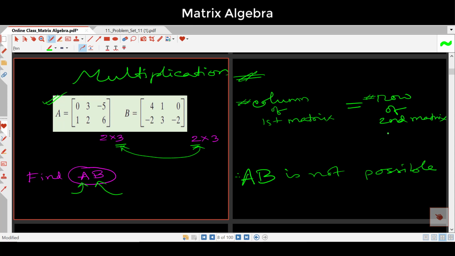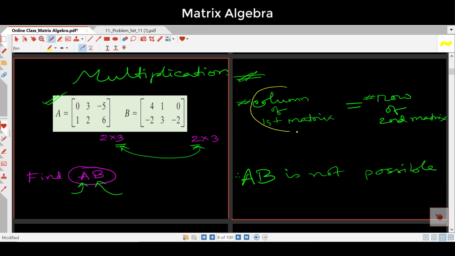So to do the multiplication, you have to ensure that the column of the first matrix is equal to the number of row of the second matrix. Otherwise, multiplication is not possible. So suppose the column of the first matrix and the row of the second matrix are same, then only multiplication is possible.